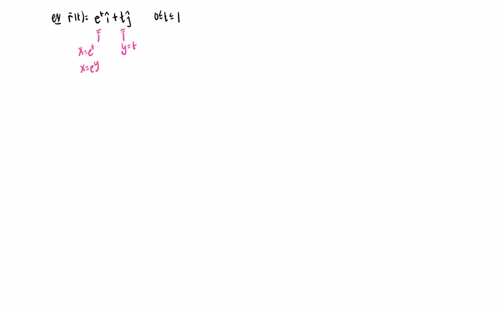Now, what you could do is say, well, this is kind of like y equals e to the x, but reversed. Or you could say to yourself, oh, I could solve for y. y is the ln of x. Doesn't matter how you think about this. Over here, t is between 0 and 1, but t is y, so y is between 0 and 1. So we put that all together.